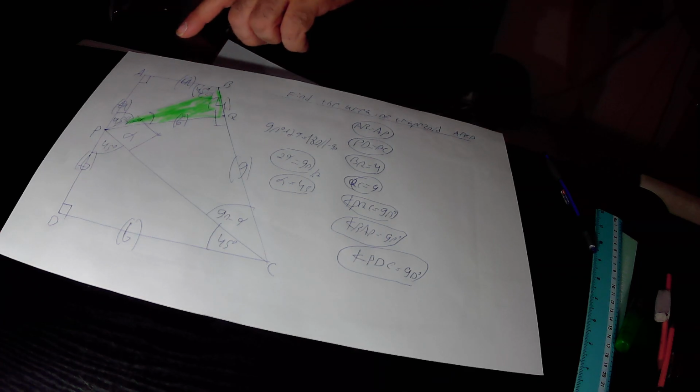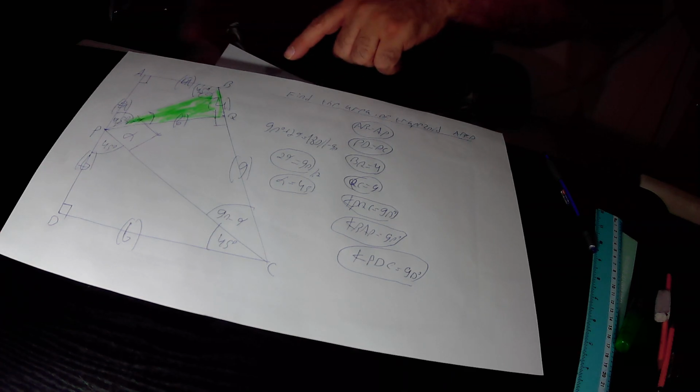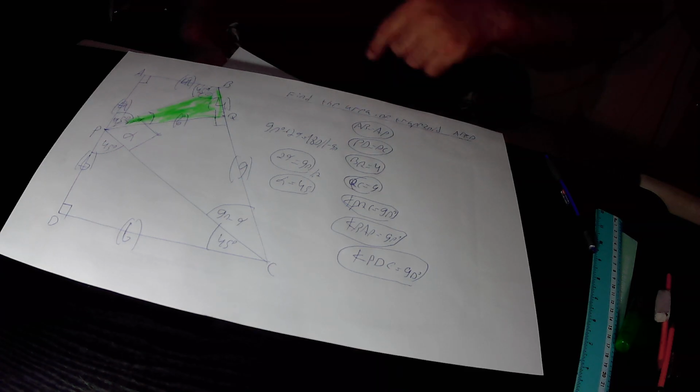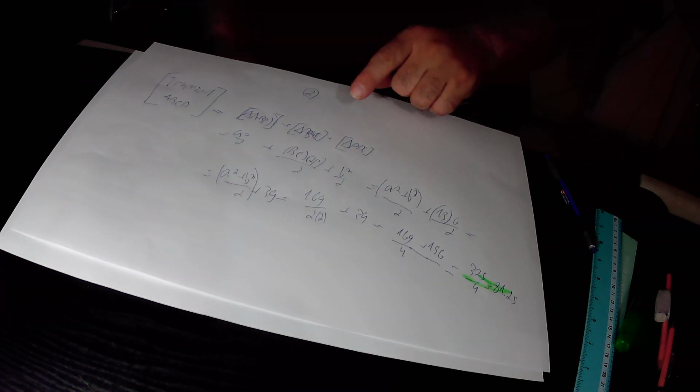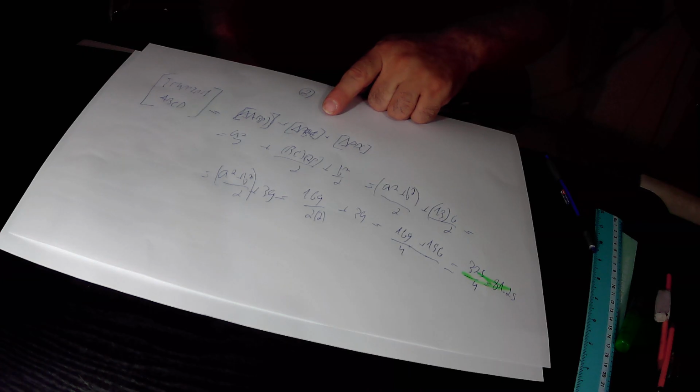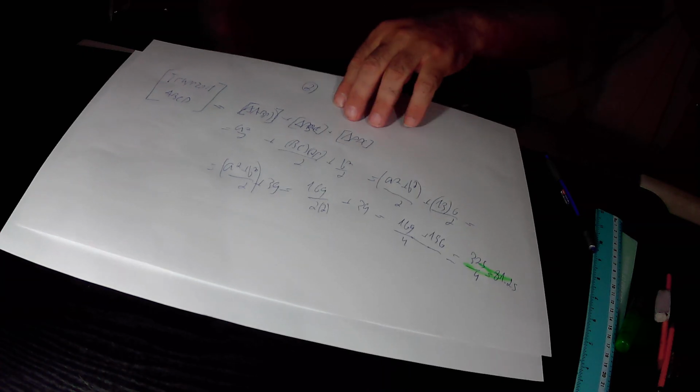The area of this big triangle PBC is equal to the base BC times the height QP over 2.